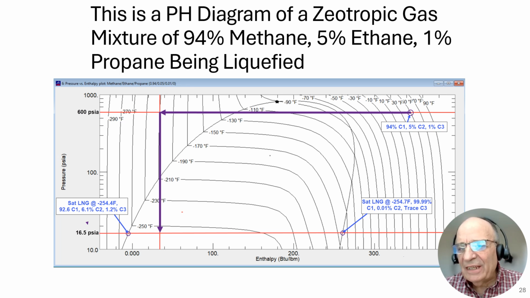It's got one carbon atom, C1. That's the shorthand usage in the gas industry. 5% C2. That's 5% ethane. Remember, ethane is C2H6, and 1% C3. Remember, that's propane. Propane is C3H8. That's why it's called C3.